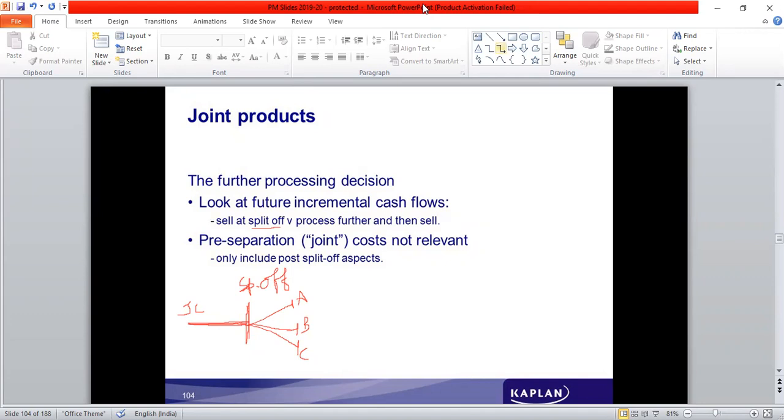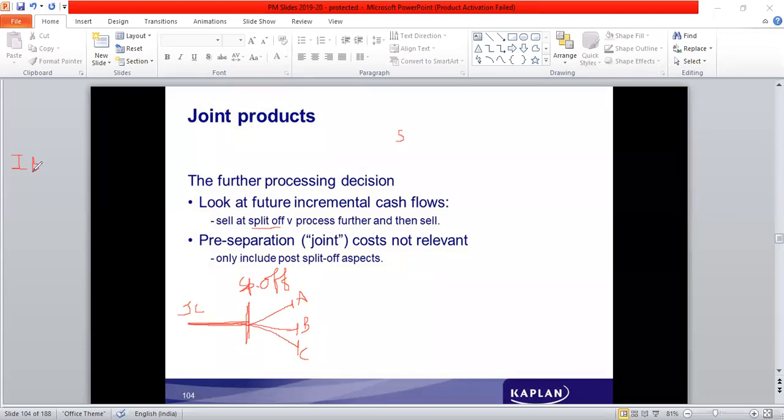How is the decision taken? See, there is a sale value at the split off and a sale value after further processing, so the decision criterion would be the difference between the sale value after further processing and the sale value at the split off point. We call that the incremental benefit.